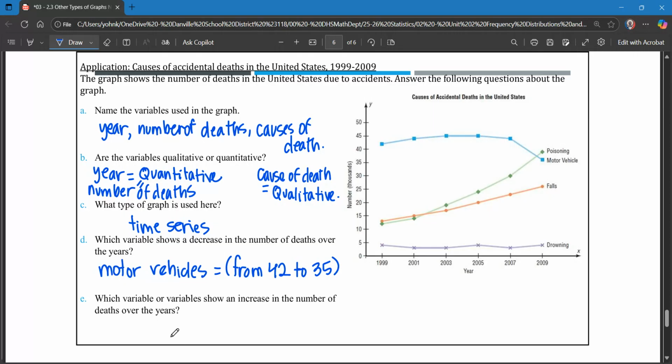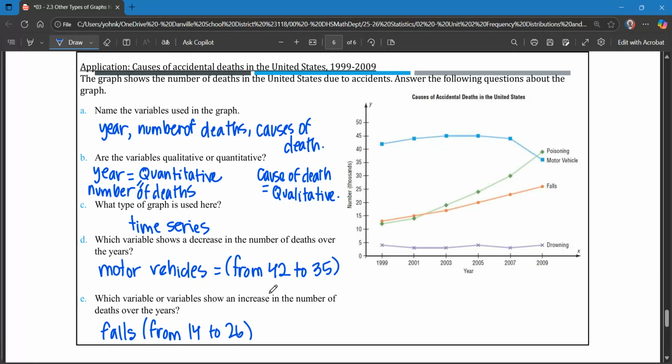Which variable or variables show an increase in the number of deaths per year? Well, let's see. The drowning pretty much started at 4 and ended at 4, so not that one. We can do falls. Falls went from about 14 to about 26.